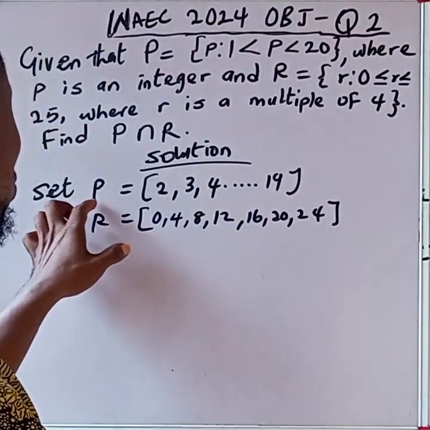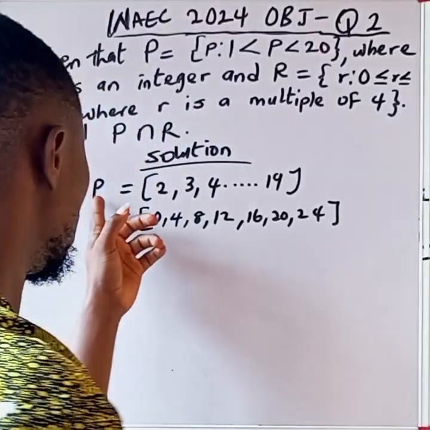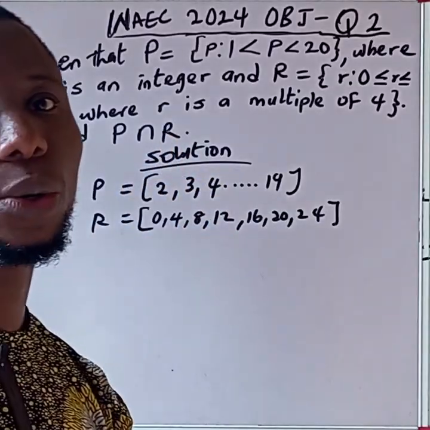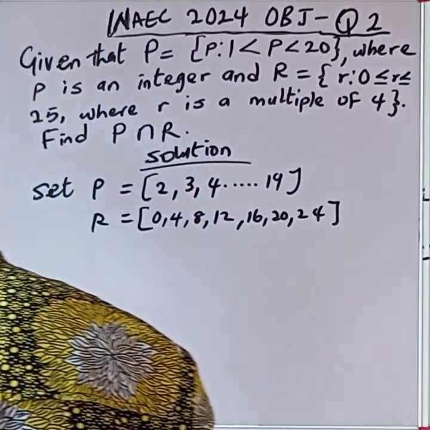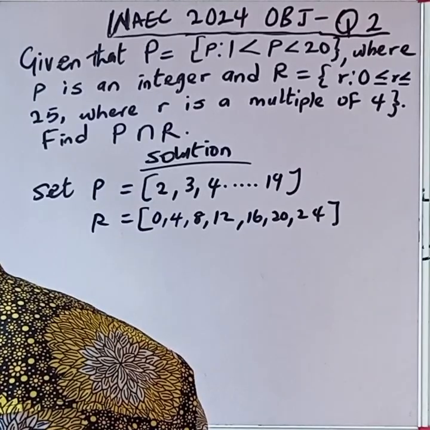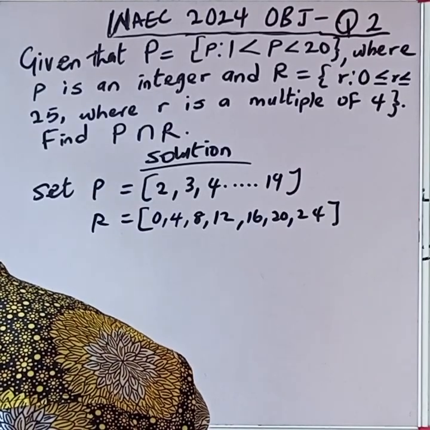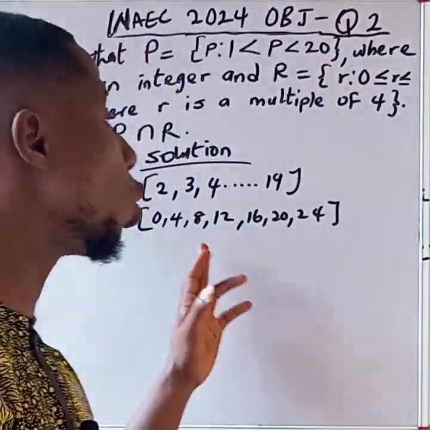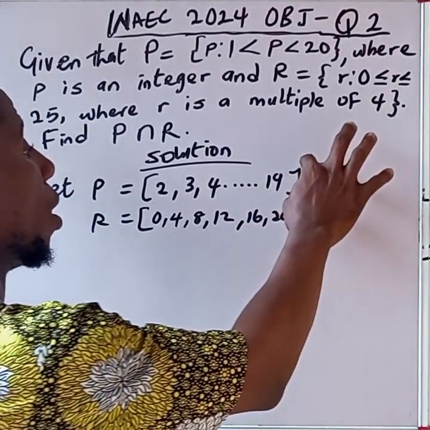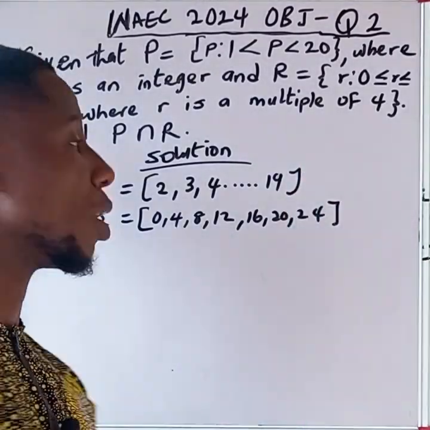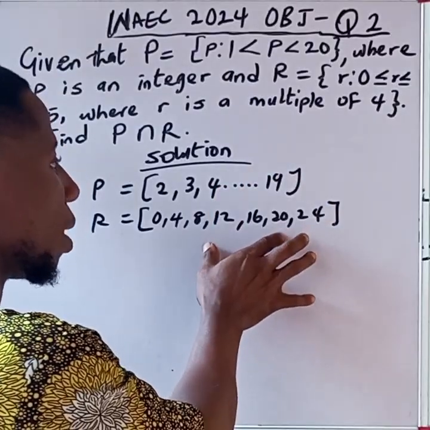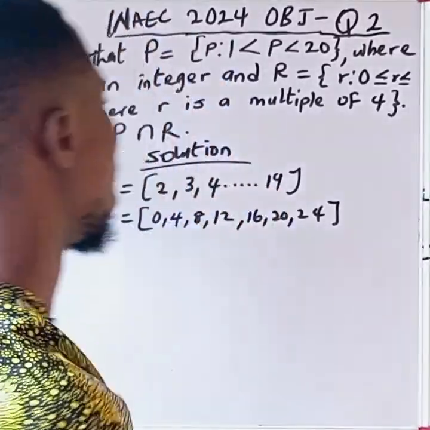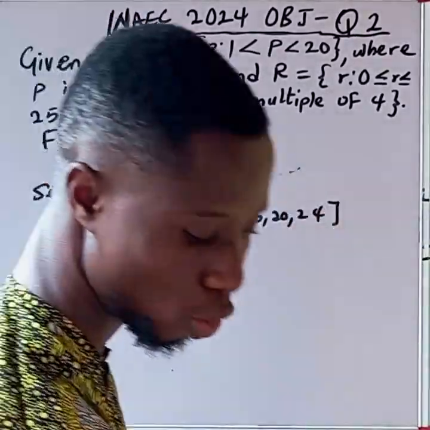So now, since we have successfully identified set P and set R, the question says find P intersection R. Okay, so what this statement is saying is that we should look for elements that are common to both set P and set R. All right, the elements that are common to both set P and set R. Okay, so I think for an easier way, I should write this out so that it will be easy for you to get it.